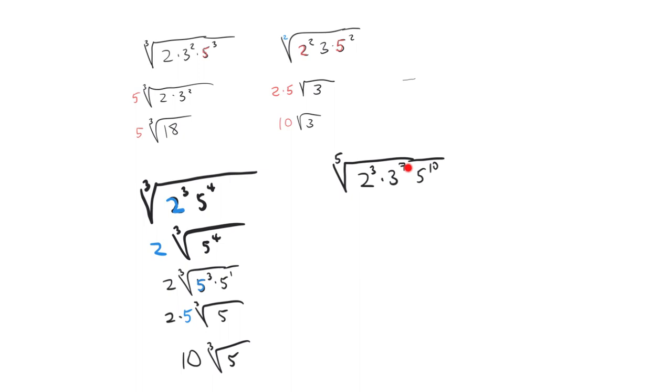However, 3 to the seventh, 7 is certainly more than 5. So I think we can all agree that the 3 to the seventh could be rewritten as 3 to the fifth times 3 squared. Now, I'll just write the 5 raised to the 10th power right now.